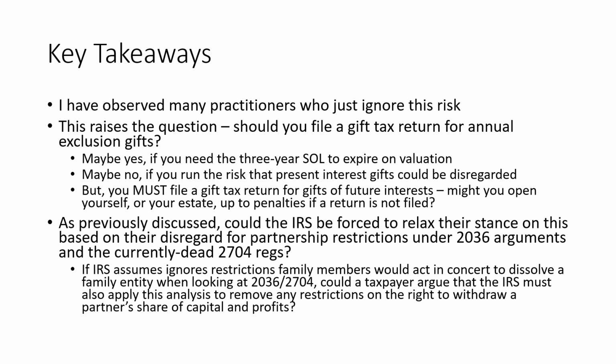So if there's a presumption that the family members would act in concert to dissolve the entity or to elect a favorable manager that would immediately distribute all profits to the family members, then the IRS is kind of bound by a separate argument to have to honor gifts of entity interests as being gifts of present interests.